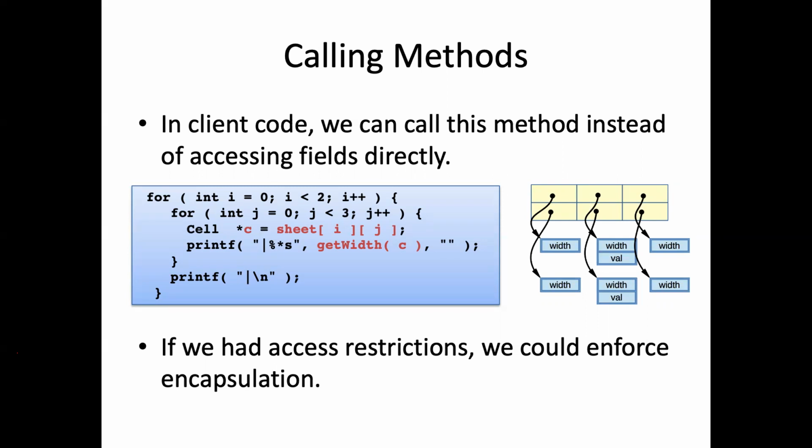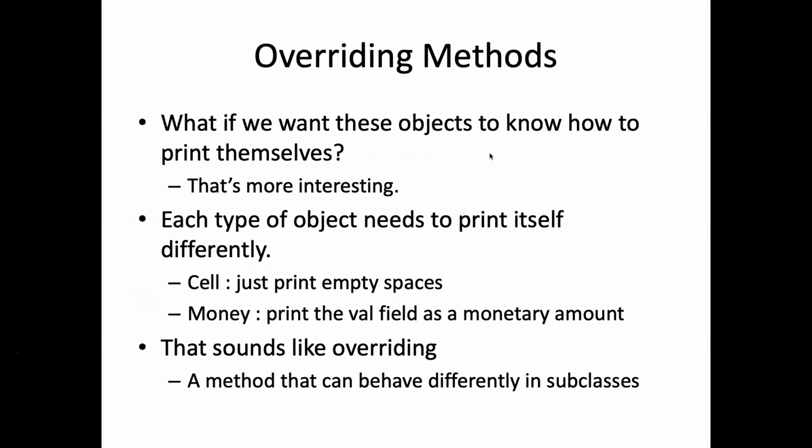I think the next thing I'd like to do is be able to override methods. And this is going to take some extra work. In Java, methods are easy to override. They're kind of the default. But you're about to see making a method so that it can be overridden is going to take a little bit of extra work.